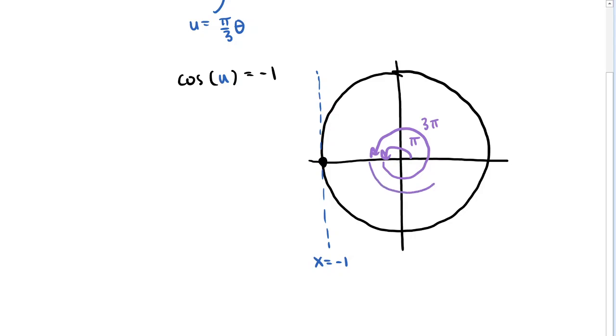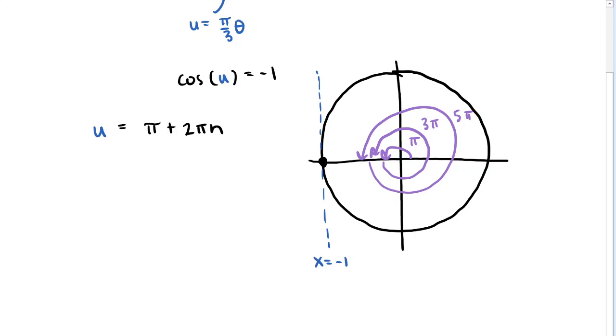Or if we went around again to 5 pi, this would also work, right? Odd multiples of pi would be valid inputs as u for this cosine function to give us a -1 out. And so here, really what we're saying is that u ought to equal pi plus 2 pi n. These are valid angles for u to make our equation true.